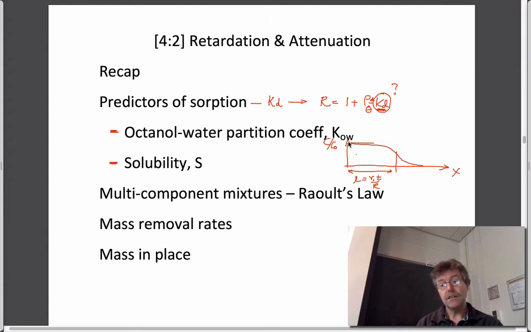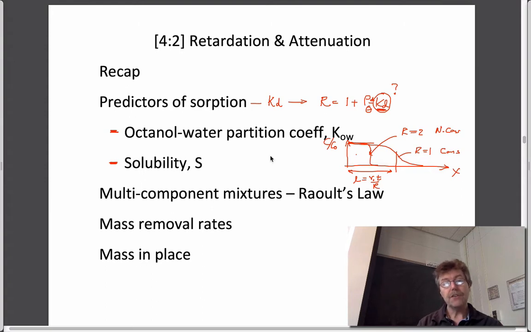But if it's retarded, then we said that it would have two characteristics. This would be R equal to 2, roughly. This is R equal to 1, in other words, conservative. And this one is non-conservative. And so the two features: one is it delays behind it, and the other one is that it self-sharpens the front.